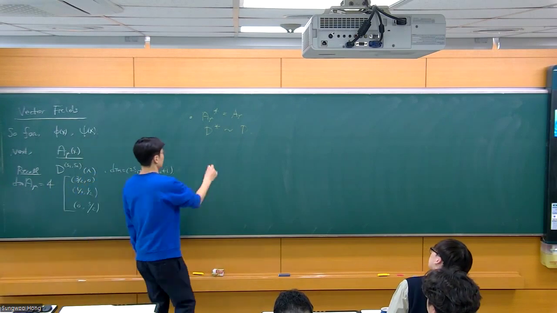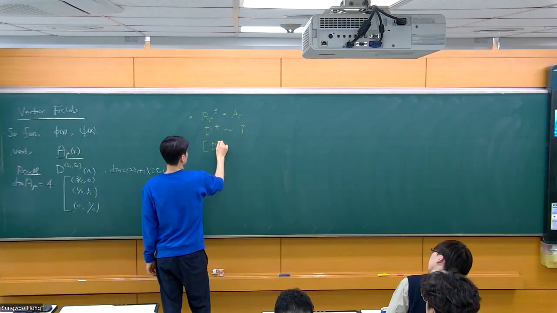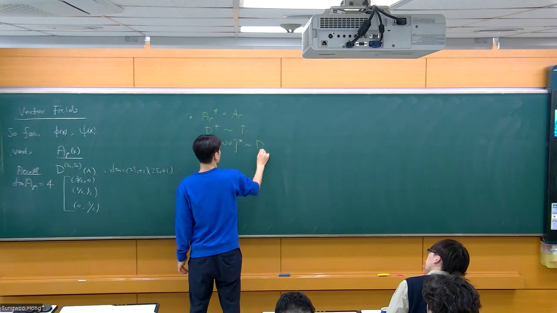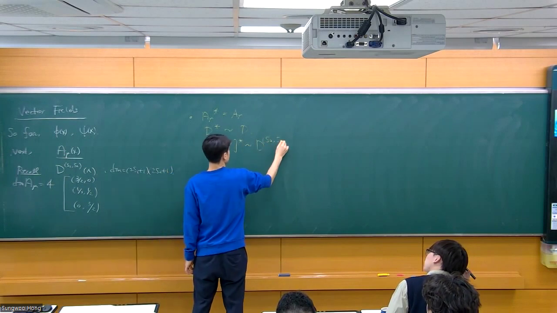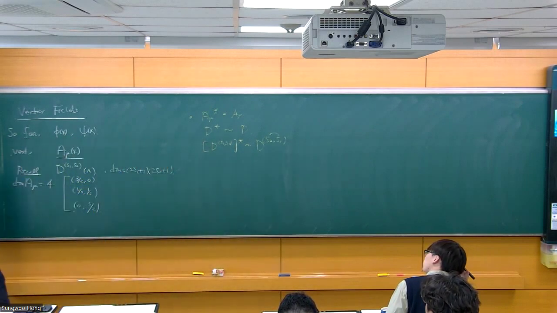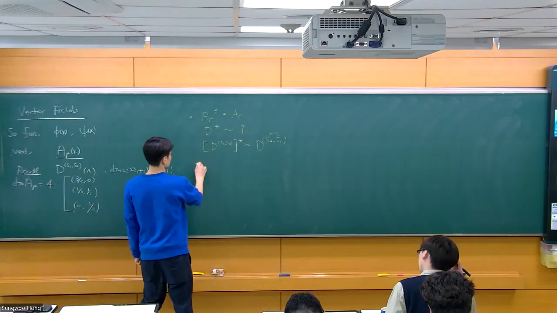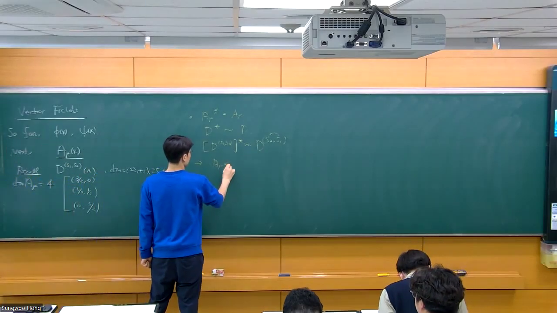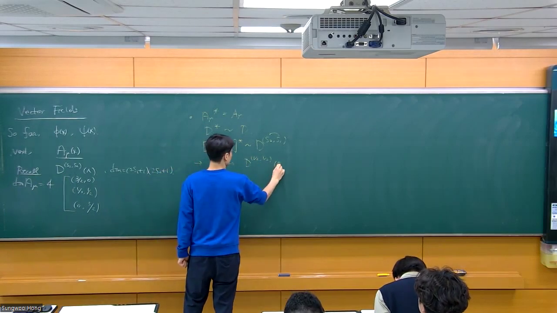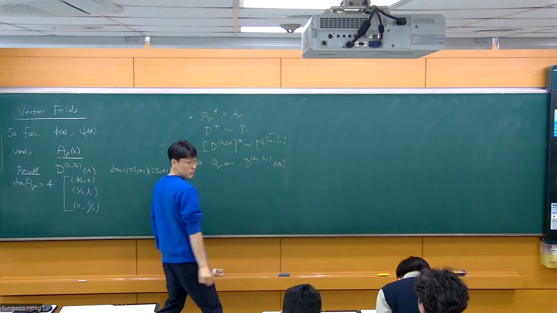And then we saw that the complex conjugate of (s1, s2) is equivalent to the original representation when these two spins are flipped. So imposing the reality condition, we found that the sensible vector field is associated with the (1/2, 1/2) representation. This is a big review.